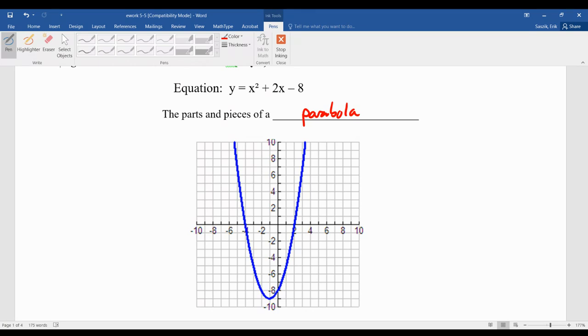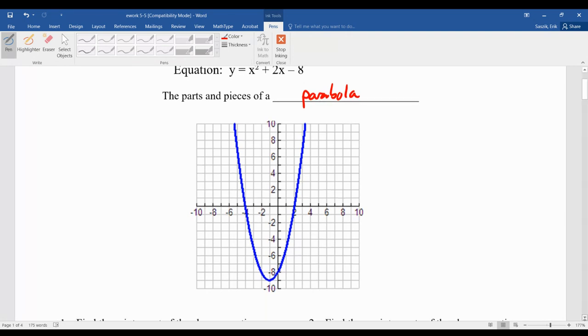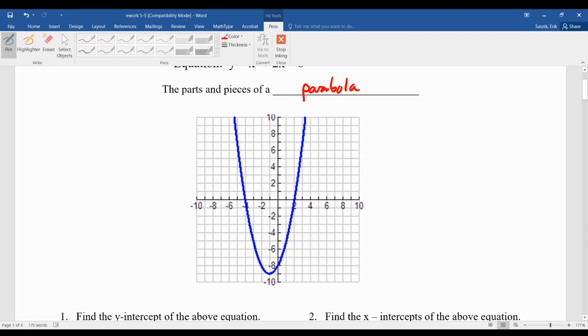All right. Now, the parts and pieces of a parabola. A parabola, and you've heard me mention this term before, has critical points. A parabola has 4 critical points. Sometimes it might have fewer.